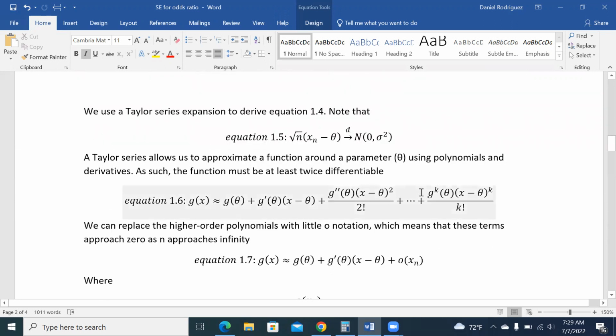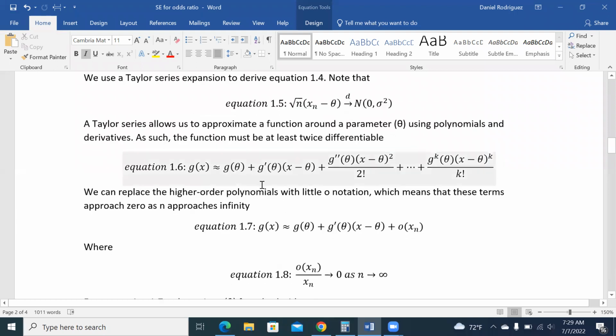So we're going to use a Taylor series expansion to arrive at this equation. I just want you to note that this is not a transformed variable, so just x sub n around this value theta, and it converges in distribution to a normal distribution with a mean of 0 and a sigma squared variance. But again, I'm multiplying by the square root of n, keep that in mind.